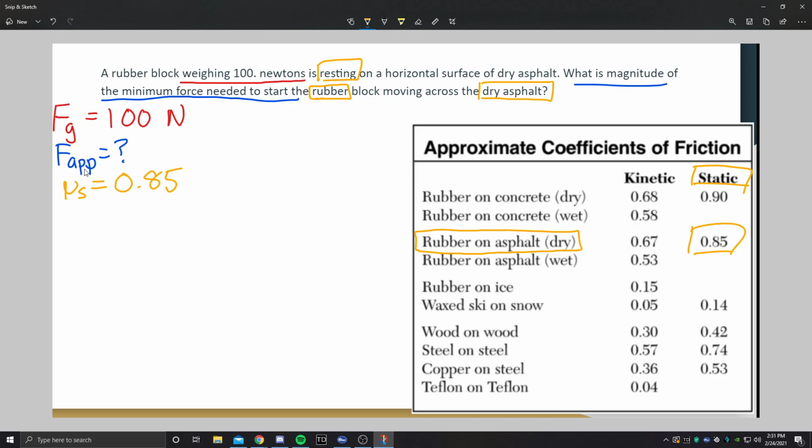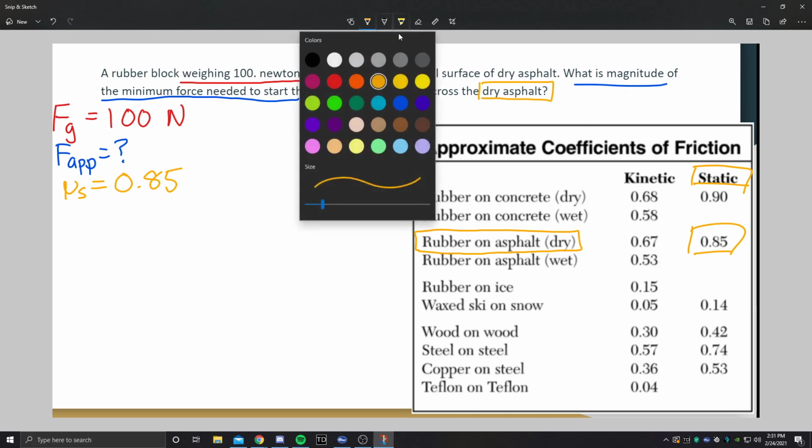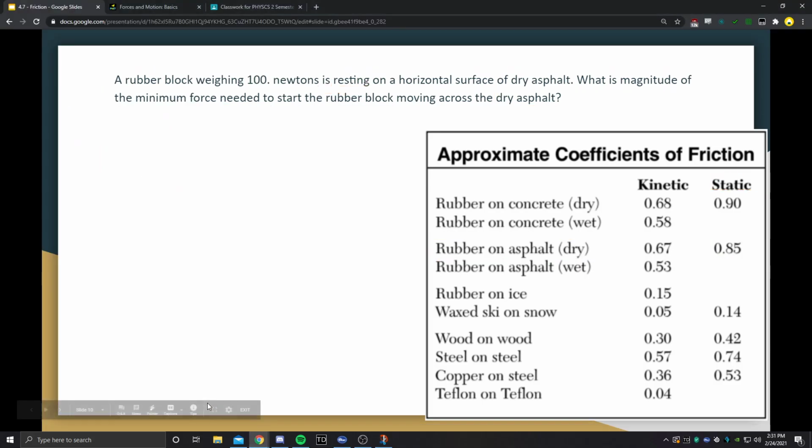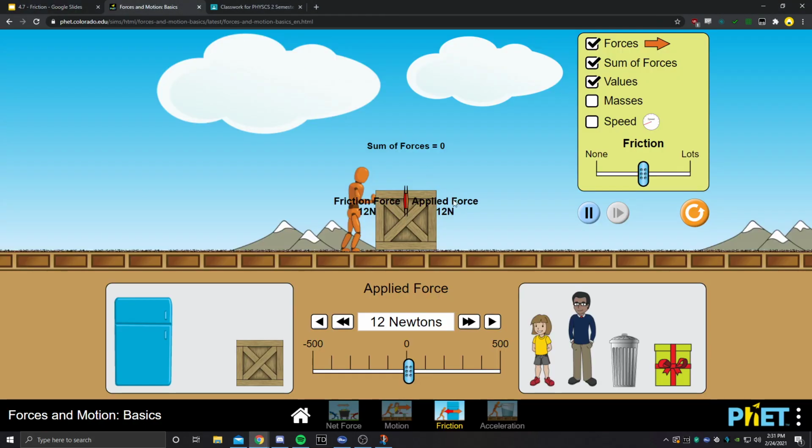But what exactly is the problem asking you for, right? They're asking you for what is the minimum force necessary to move this rubber block? Why phrase it like that? Hopefully you remember the simulation, right? Because we need to overcome a certain amount of force for the object to start moving.